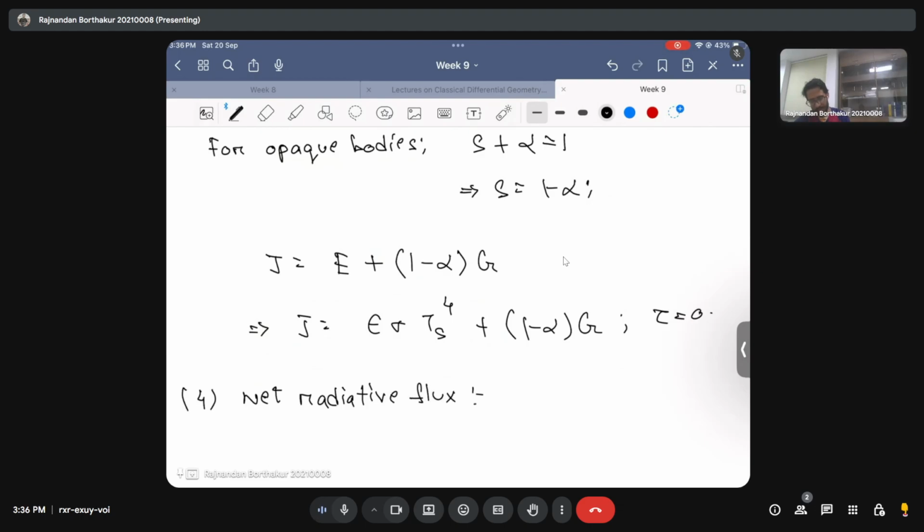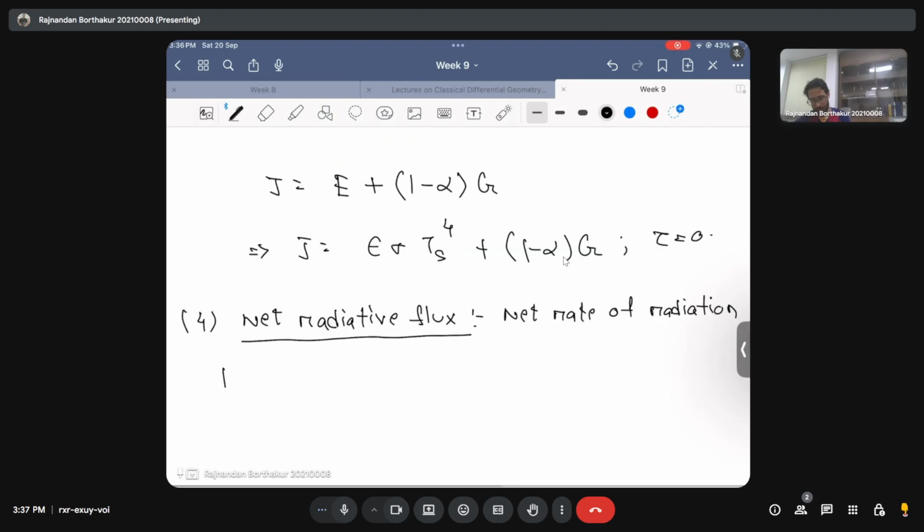As the word suggests, the net radiative flux is the net rate of radiation leaving a surface per unit area.